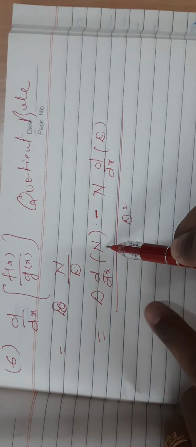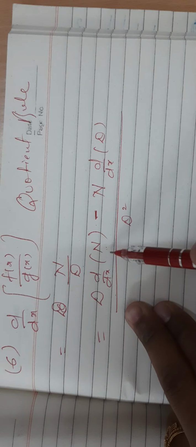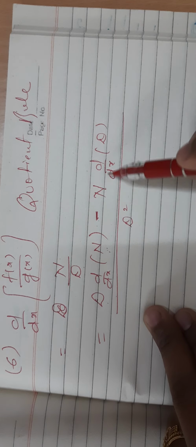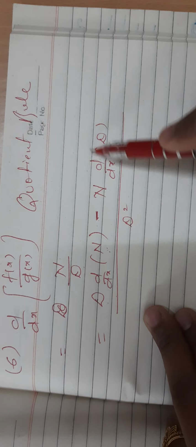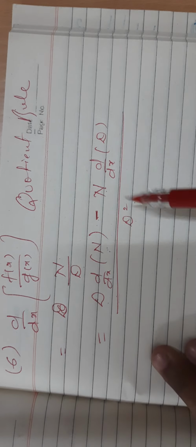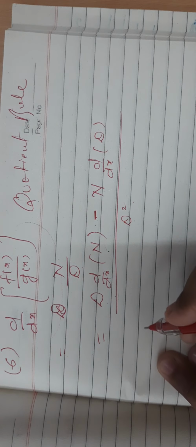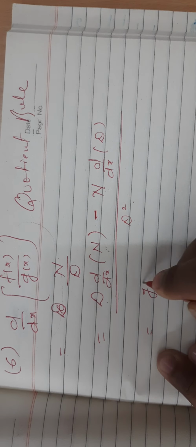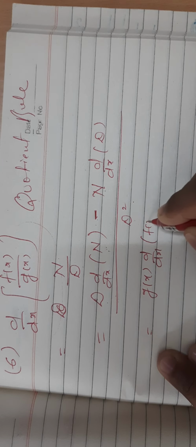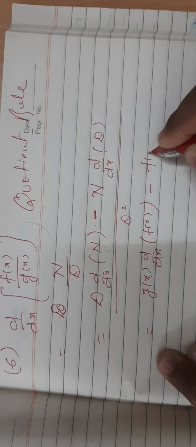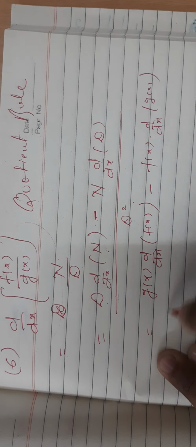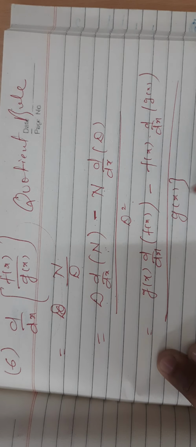In the quotient rule we first differentiate the numerator by keeping the denominator as it is, then a minus sign. Next we differentiate the denominator by keeping the numerator as it is, all upon denominator square. So if I rewrite, we get g of x as it is, differentiation of f of x, minus, this time f of x as it is, differentiation of g of x, and whatever the denominator is, its square.